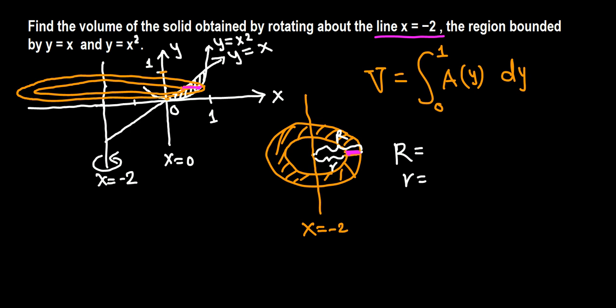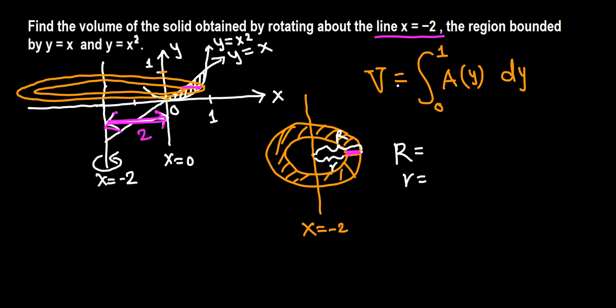From here to here, that distance is always 2. And we have to go 2 more from here to the curve, always in the x direction, and this is given by the y equals x squared curve.